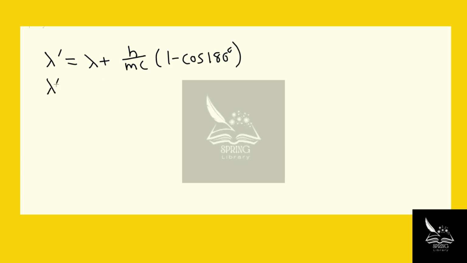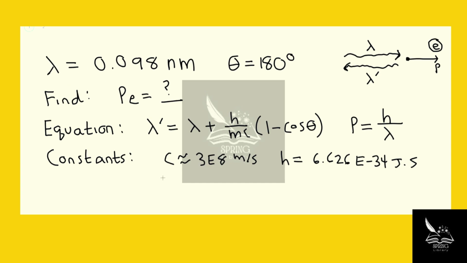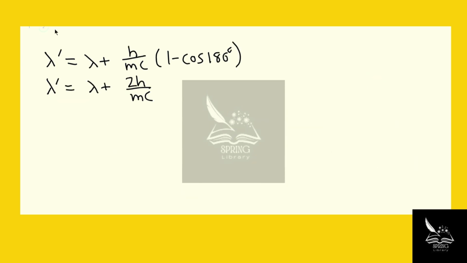So this equation simplifies down to this. We're given the initial wavelength. These are all constants. m is the electron mass, which actually should be included in our constants list. Electron mass, 9.1 times 10 to the negative 31 kilograms. It's no problem.